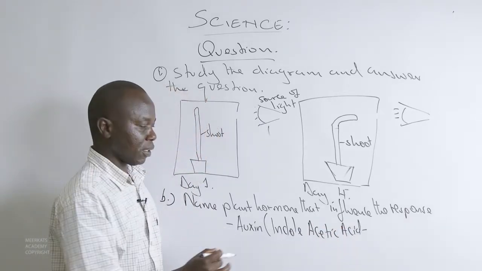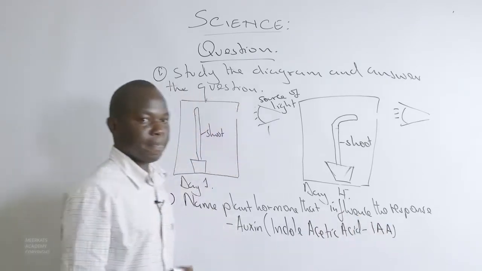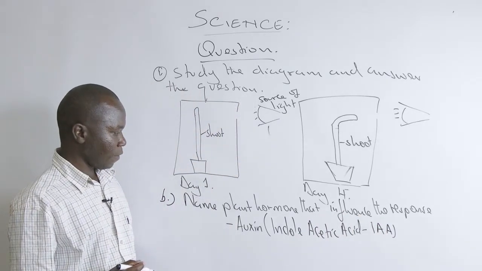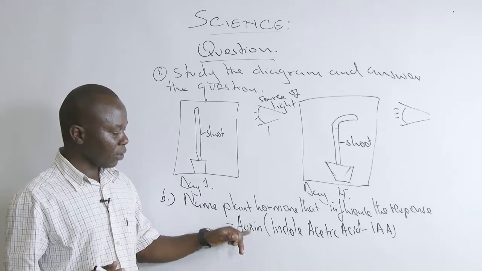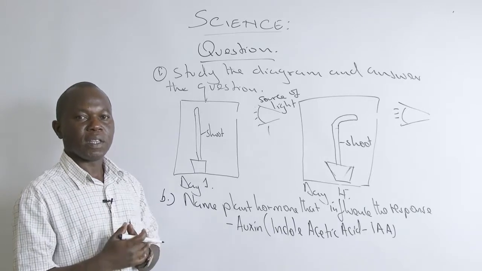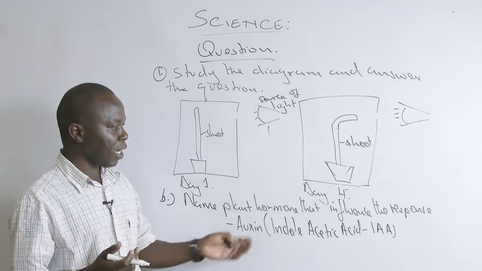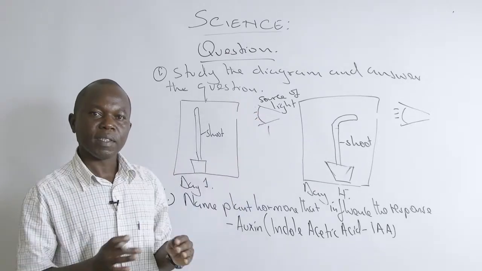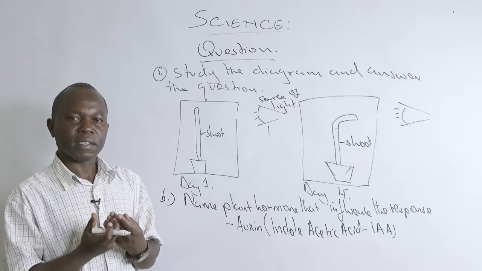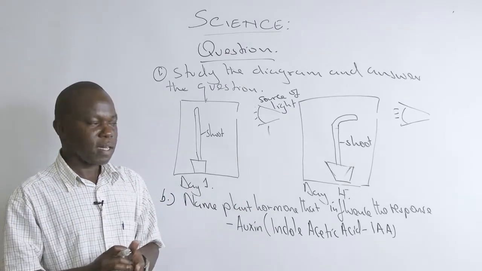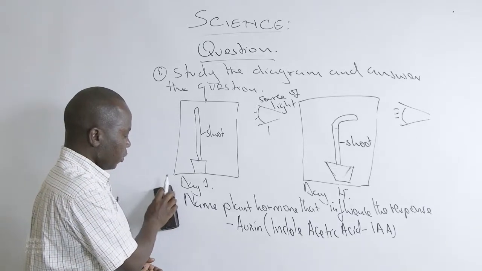So sometimes it's abbreviated as IAA. So the hormone is auxin. But we say that auxin also works together with another hormone, gibberellin, for leaf enlargement. After the shoot is bending, the leaf will have to be enlarged so that the surface area increases to trap more sunlight.